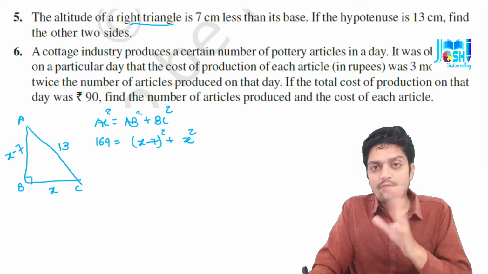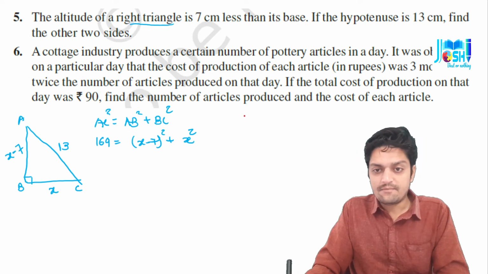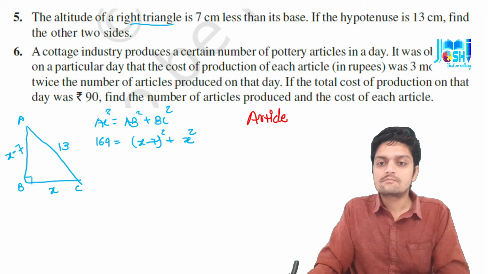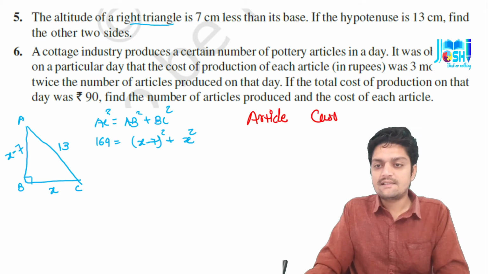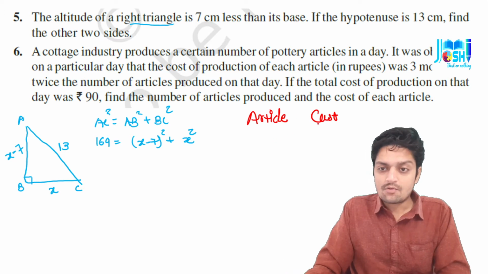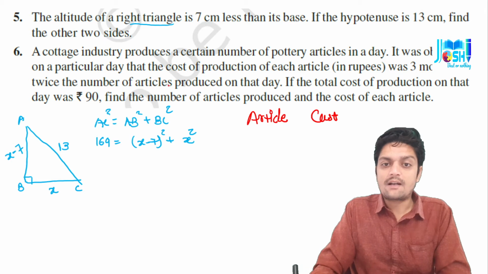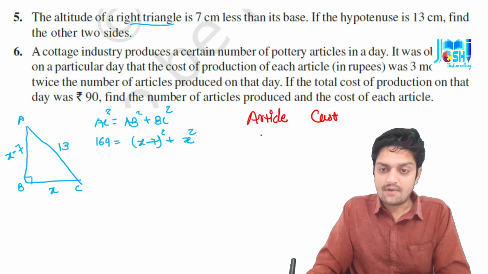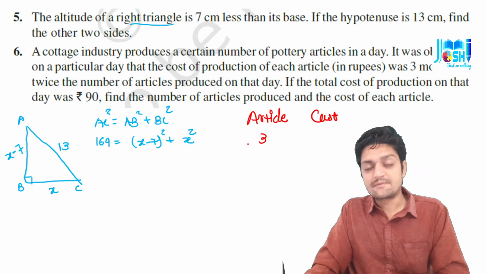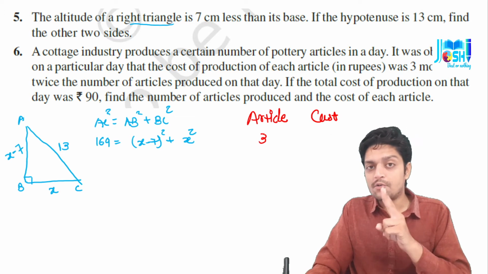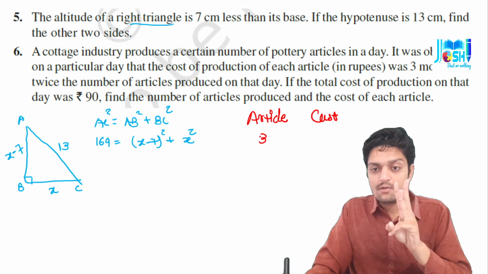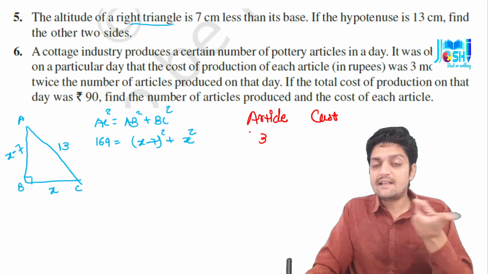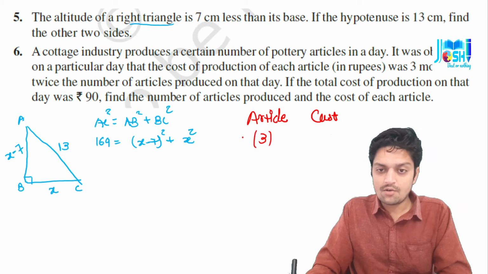The cost of an article, see, for example, this is the article, and this is its cost. Then the cost is 3 more than twice the number of articles produced. Means if 3 articles are produced, then 3 into 2, because twice, plus 3 more. So 3 into 2 is 6, 6 plus 3.